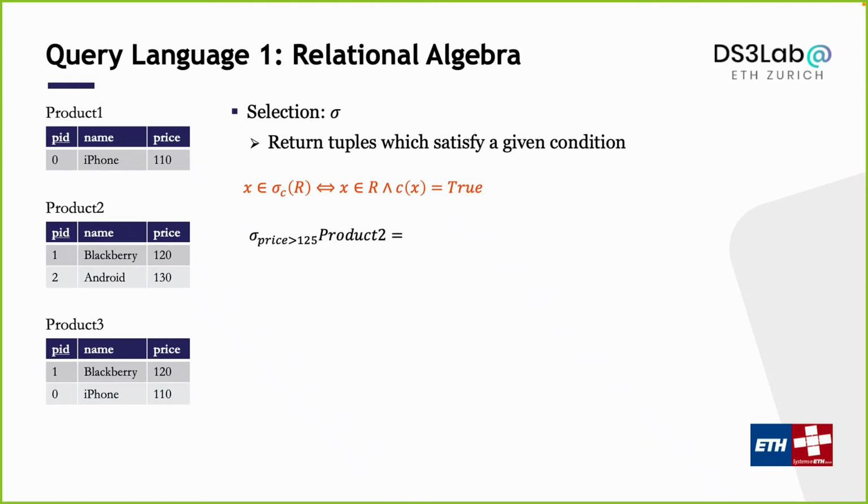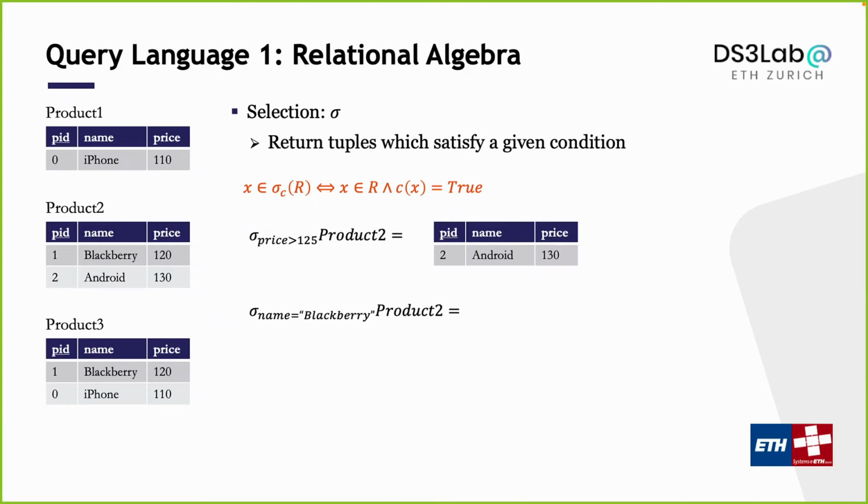If the condition holds, you put that in the result. Otherwise, you ignore it. So in this case, you go to the first tuple, the price is smaller than 125, so the condition returns false and it is not in the result. The second tuple satisfies the condition, so you put that there. This is selection.